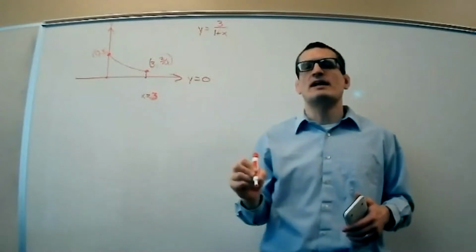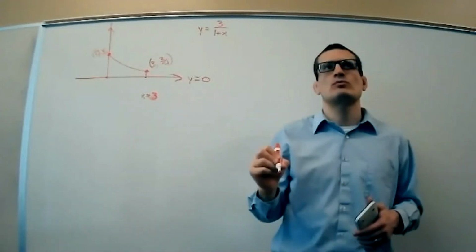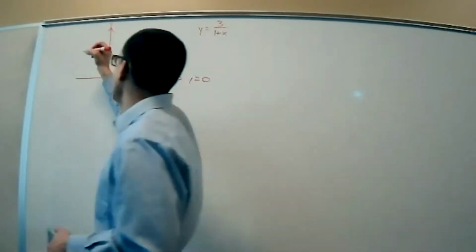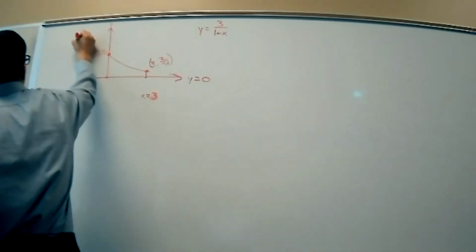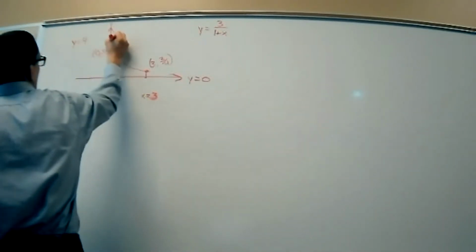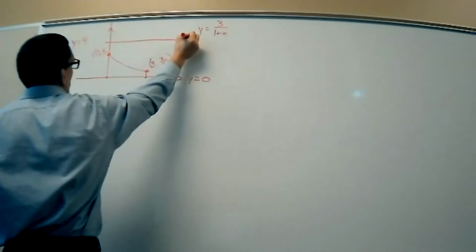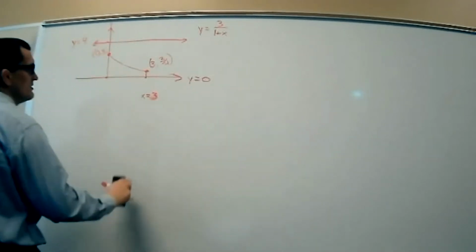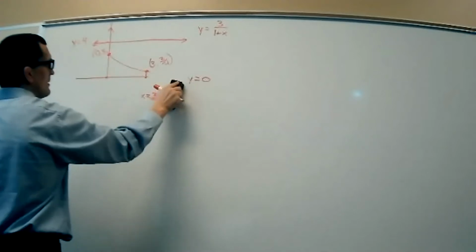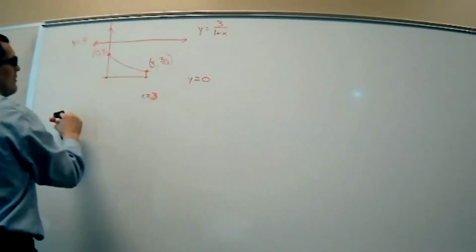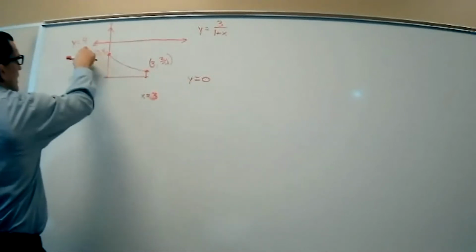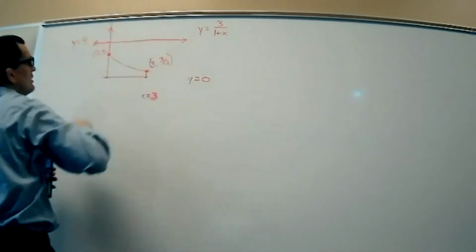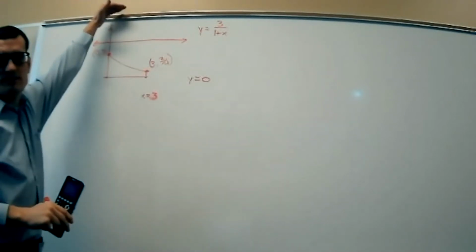Now, what line are we rotating it around? We're rotating this region around the line y equals 4. That's up here. So if you want to, you can erase some of this to make it easier to see. We're going to get a ghost image up here somewhere.